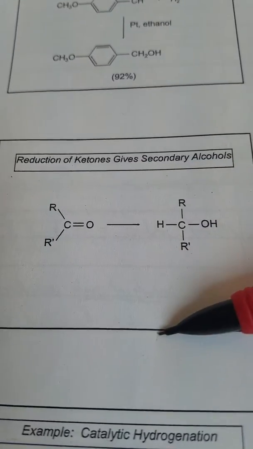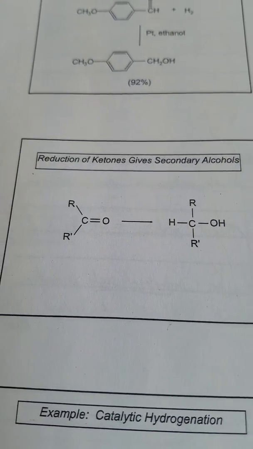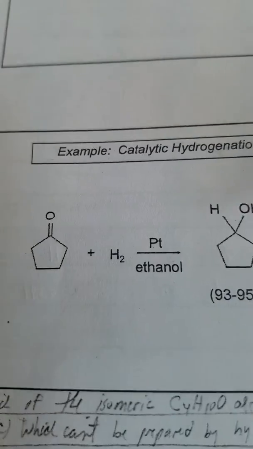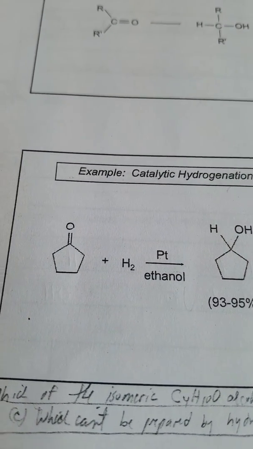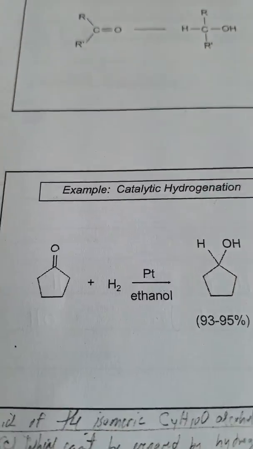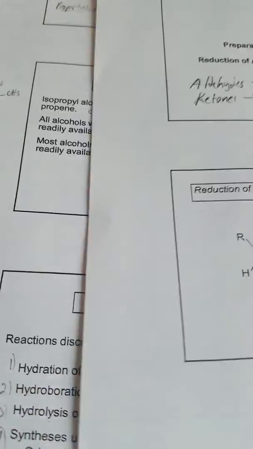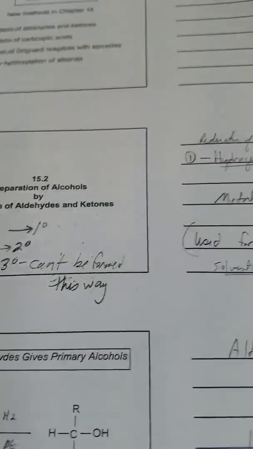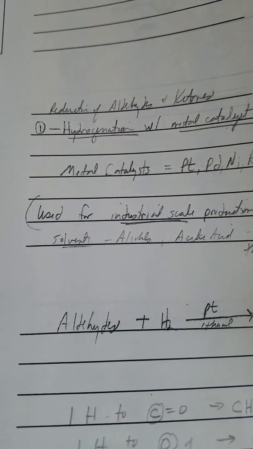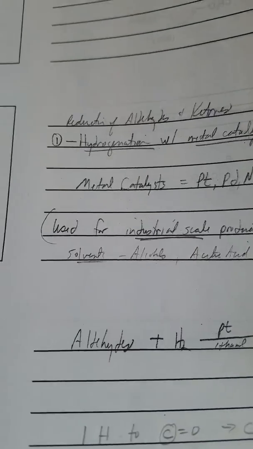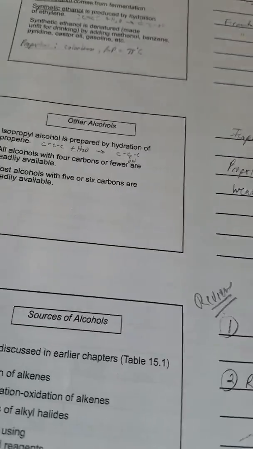If you use a ketone, you're going to see that you're going to get a secondary alcohol. So here's just a more specific example of that. So the hydrogenation with a metal catalyst is one reaction that we can use to create our primary and secondary alcohols from aldehydes and ketones.